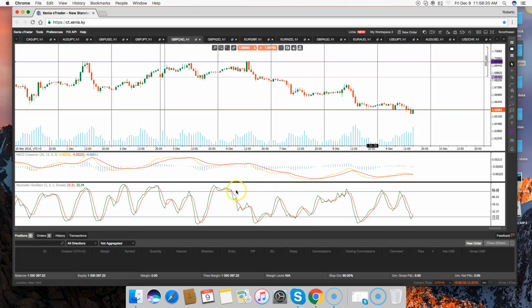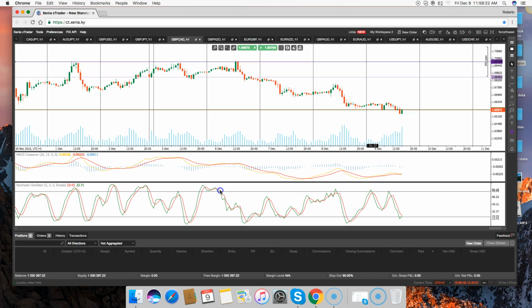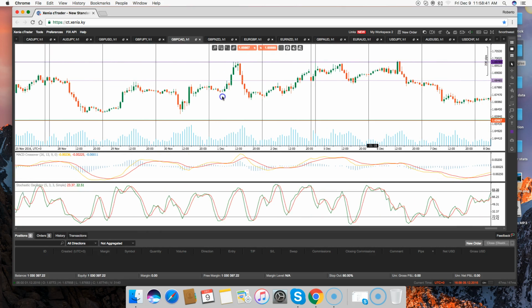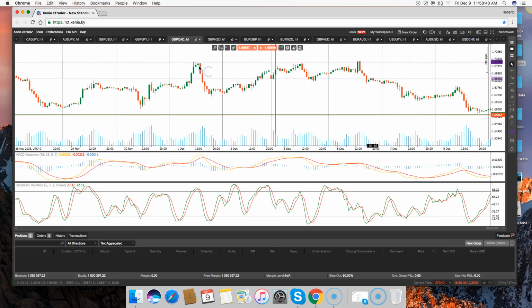And there it is. At the time of entry, the stochastics indicator was starting to head down, but it was not oversold. It was still overbought. So that would be one touch, two touch, three touch, inside bar, and there's your trade.